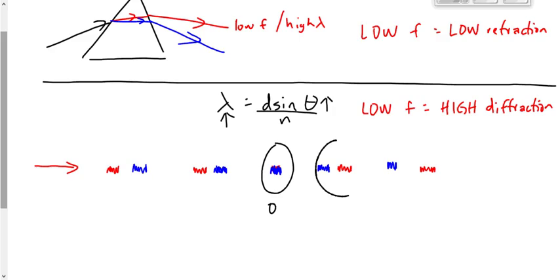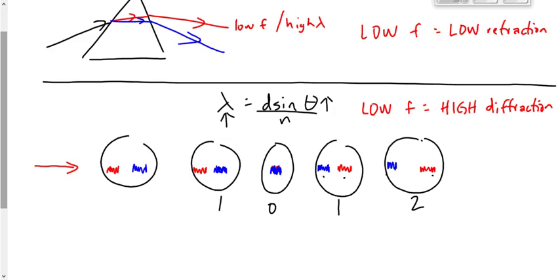This would be our first order maximum. We're not saying that this would be first, this would be second, this would be third, this would be fourth. We're saying this blue and this red is our first order maximum. This blue and this red is our second order maximum. Same on the other side.